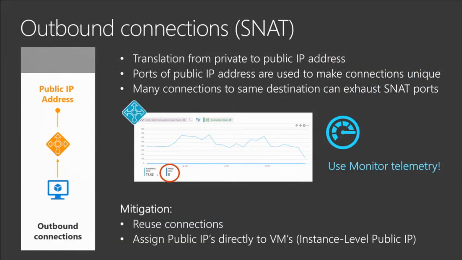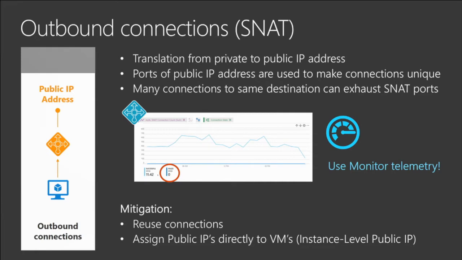So quickly, outbound connections, or SNAT, is probably one of the least understood topics, and I'm not going to go into the details in this presentation because you could probably fill an hour with it alone. But I can't emphasize enough that you should take a look at this telemetry, because translation from private to public addresses is done through a fixed number of ports.